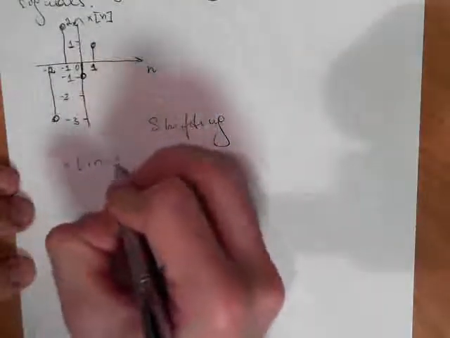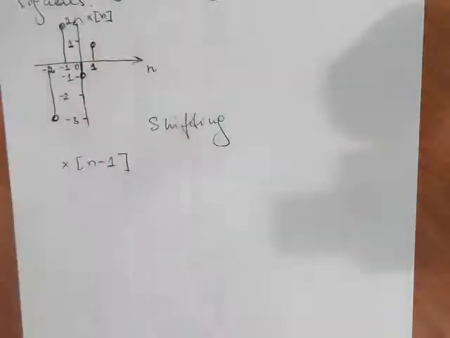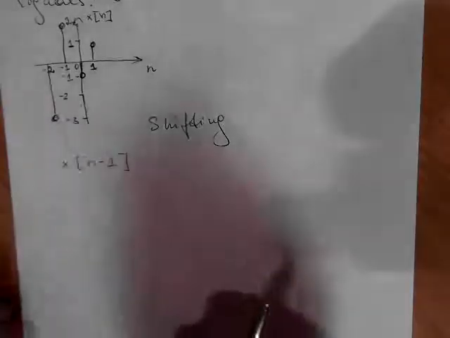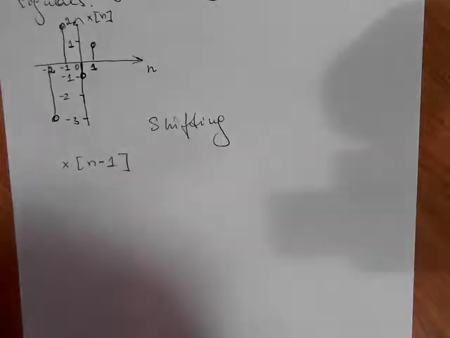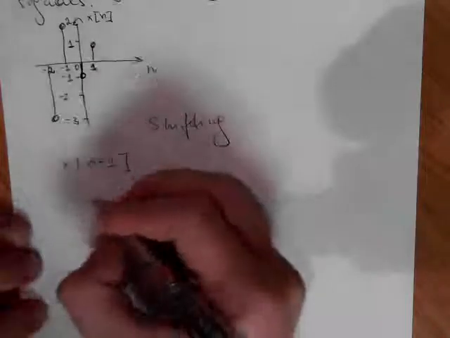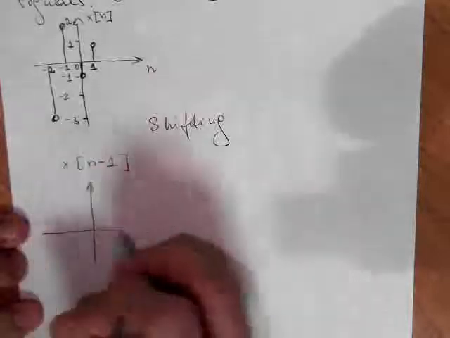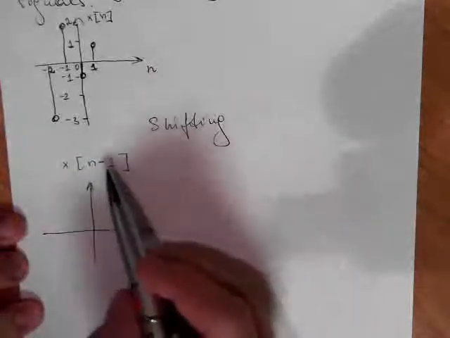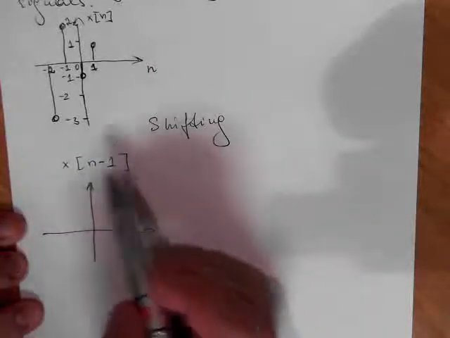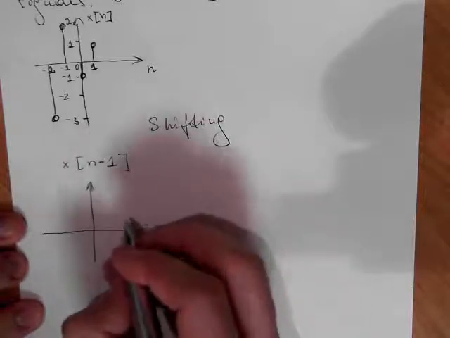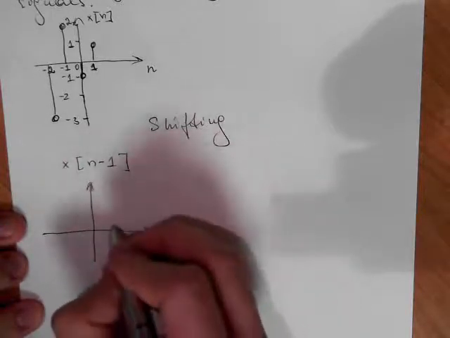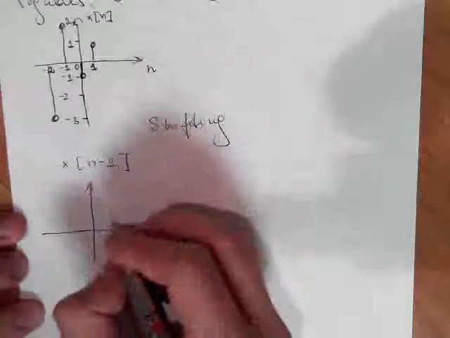One way is x n minus 1, and we will have the axis here. When it is -1, it doesn't go to the left, it goes to the right. So by +1, what was on 1 goes on 2.